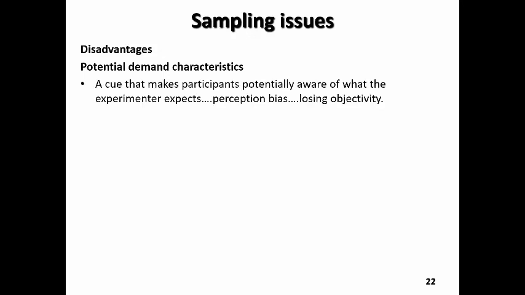The second disadvantage is what's called potential demand characteristics, and this refers to cues that make participants aware of what the experimenter is expecting. And so by participating in a study, a participant may have an idea or formulate some perception of what the research is trying to ultimately achieve, and that involves that perception bias.